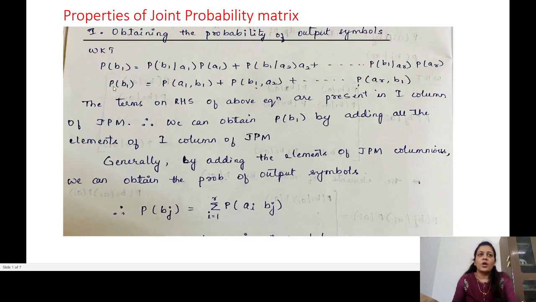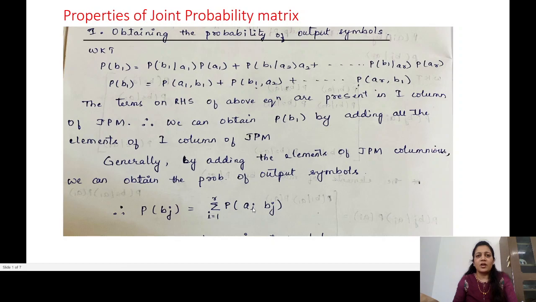Similarly, if I want the probability of B2, I have to add up all the second column elements of the joint probability matrix. For the probability of B3, I have to add up all the elements of the third column. In general, if I want to find P of Bj, I have to add up all the elements of my jth column.